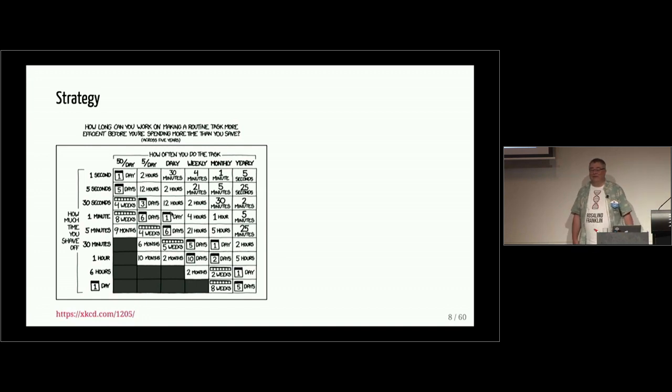It will pay back over 5 years. If you do it less often than daily, or you can save less than a minute off it, then it's not worth it. Optimization can be fun, and it's easy to spend a lot of effort getting the extra few percent performance out of your code.